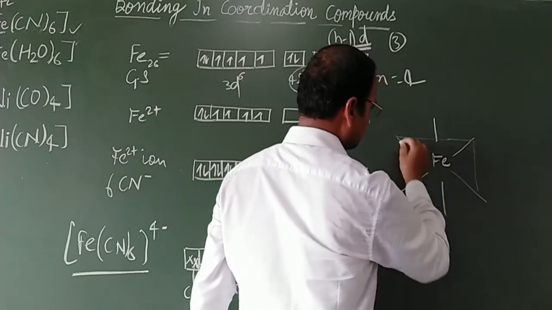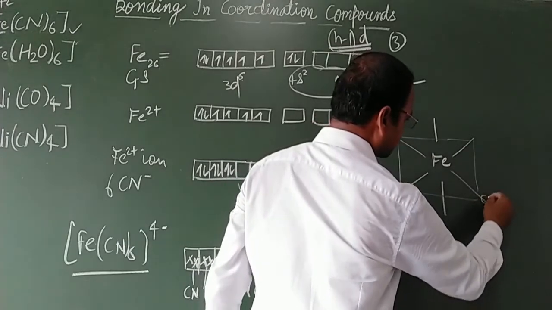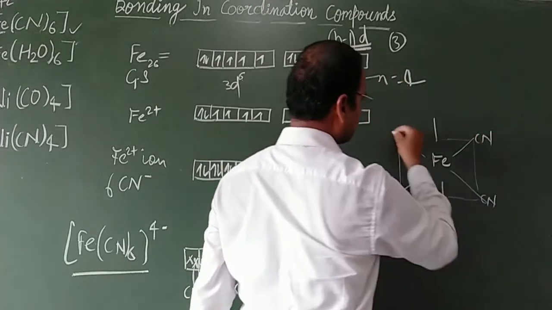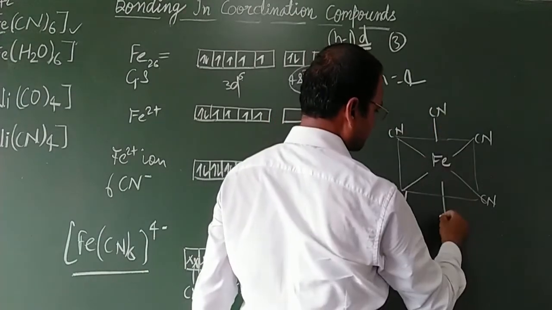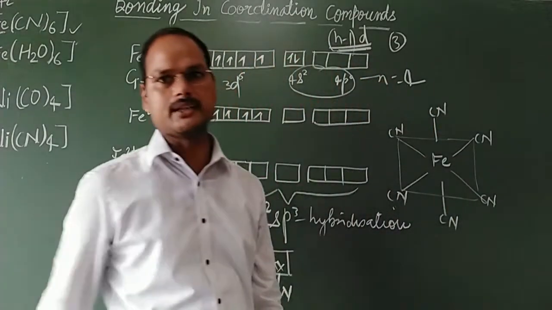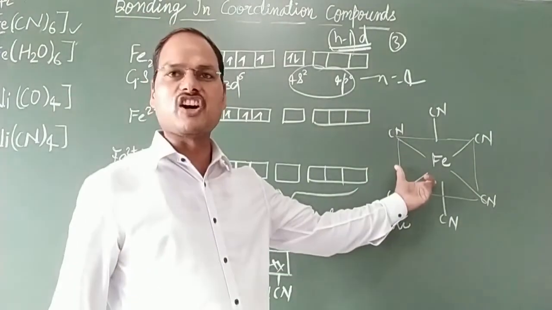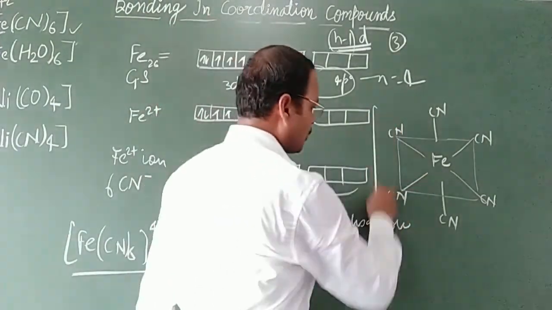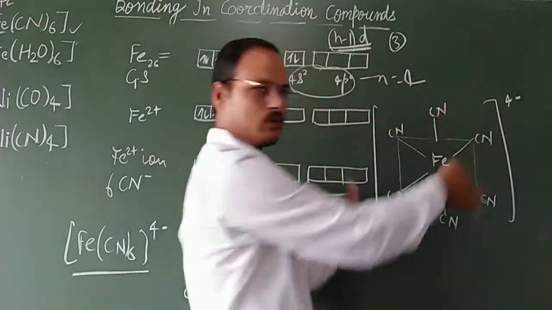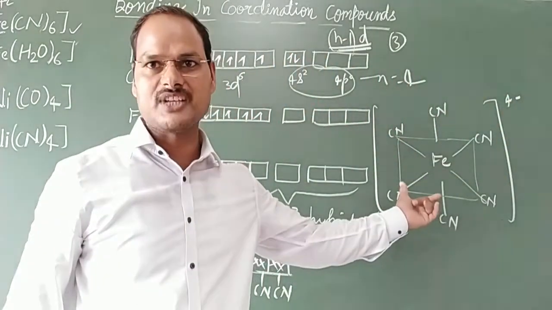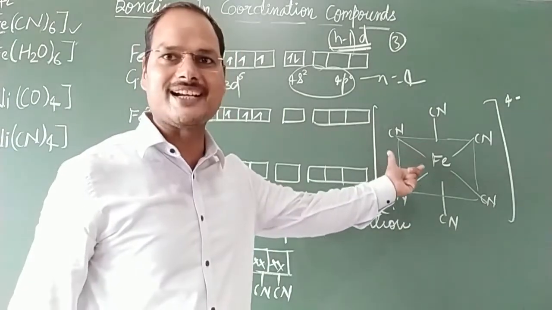See here, in this case, 6 CN can be written in this form. One is in the upper plane and one is in the lower plane. Now see, this is the octahedral geometry. And here, overall charge is -4. Within the square bracket, we must write this structure. I hope you understand. This is the octahedral geometry.